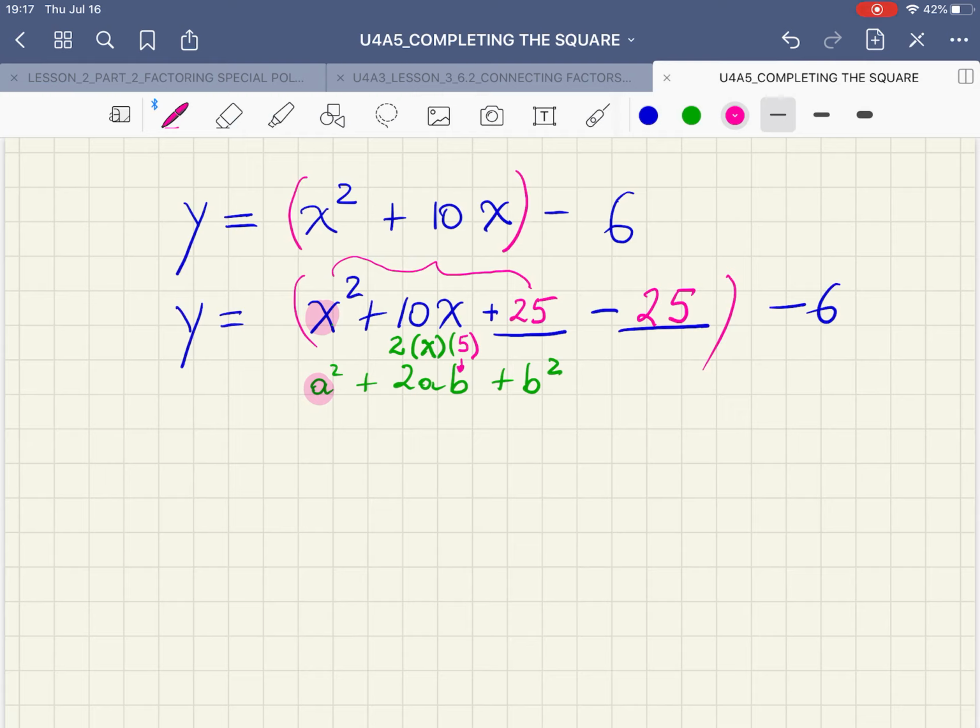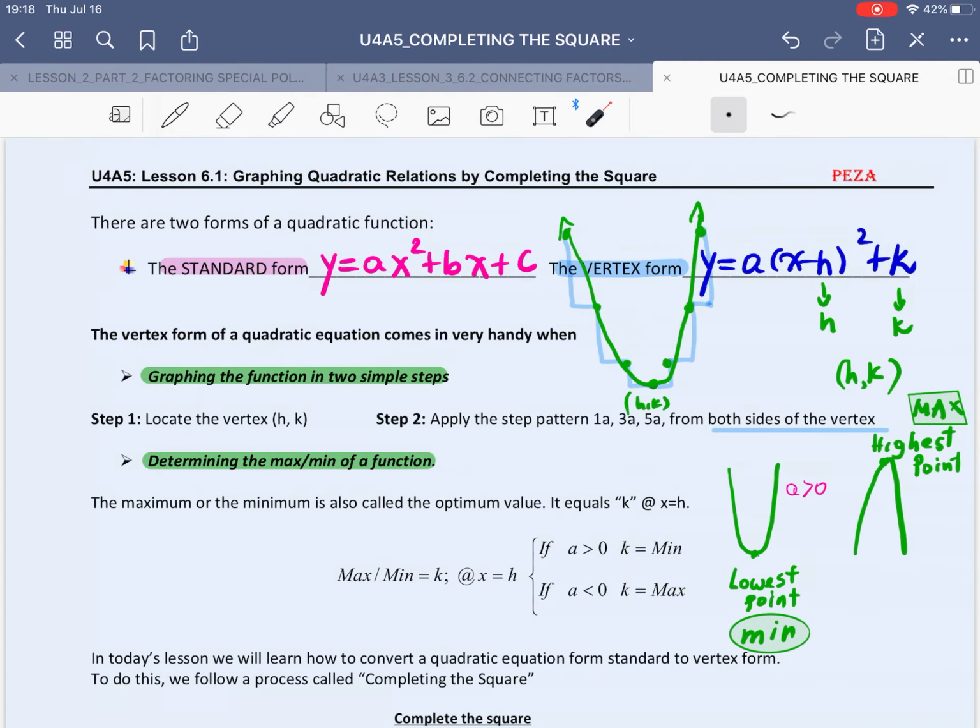But before I do that, I want to show you a short, simple trick that can help you complete the square much more quickly. A quicker way to figure out b is this. You see that the coefficient here is 10, and when the coefficient is 10, you got the value of b as 5. So half of the coefficient equals b.